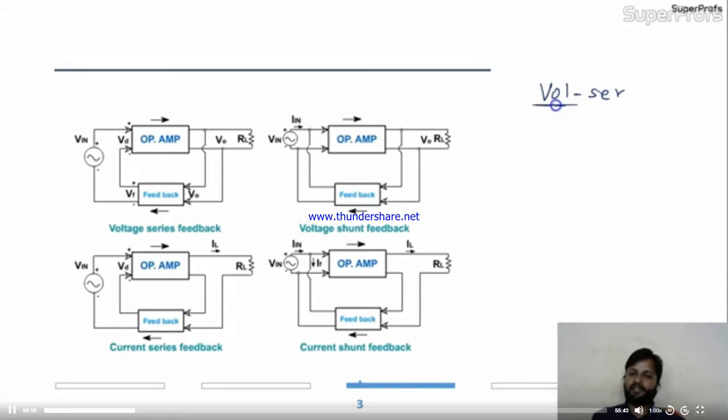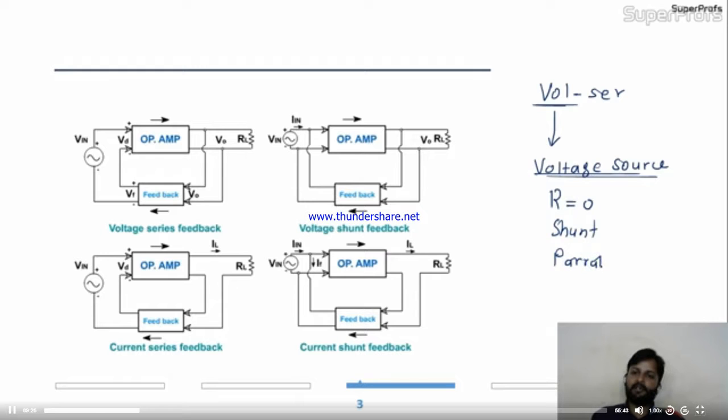This is the output stage. At the output stage you have to take the voltage. At the output stage we have sources only; at the input stage we have control sources. So for a voltage source, R at the output is 0, and 0 means you have to call it shunt or parallel.